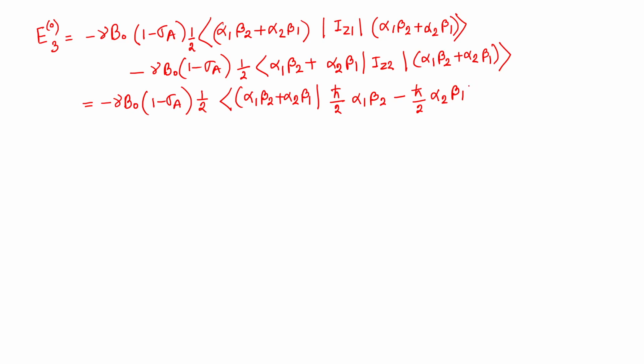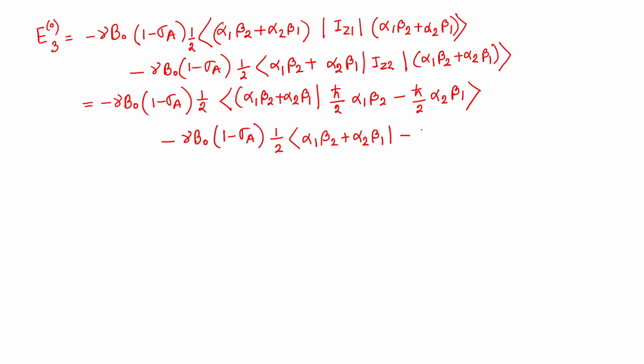Okay, so alpha 1 beta 2 minus h cut alpha 2 beta 1. I will not do that step right now, and the next term will give you gamma b0 1 minus sigma a. Iz2 will work on beta 2.